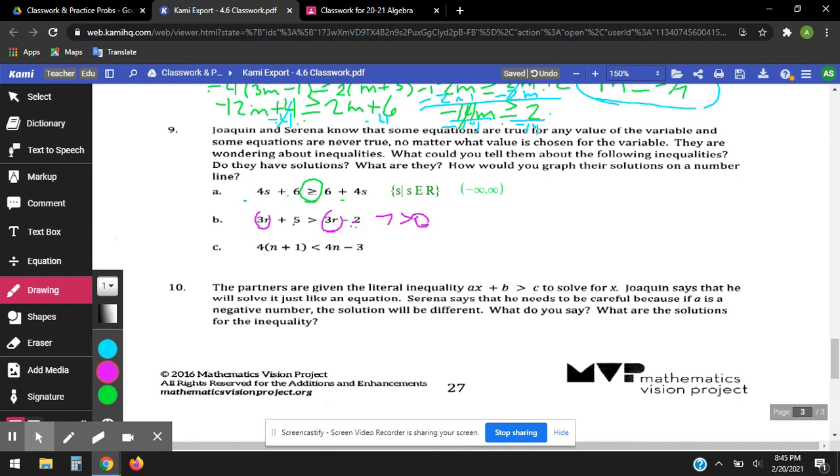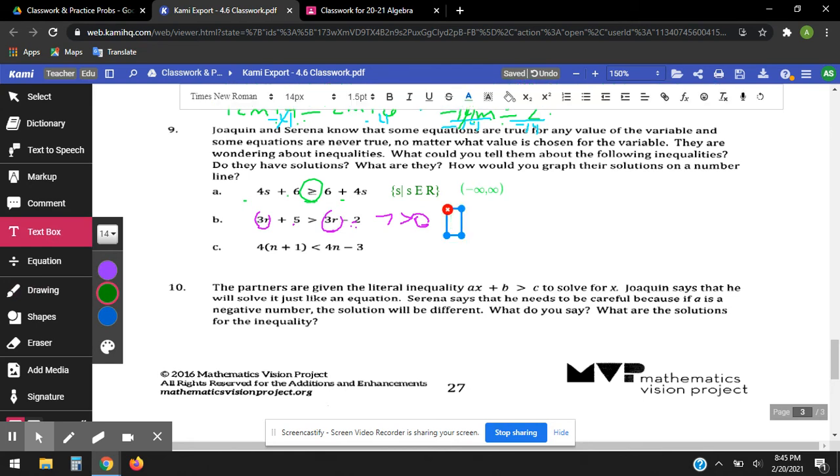So this is another one where we have the same basic set notation and interval notation that we would have on the other one, because all real numbers, doesn't matter what number I put in there, it's always going to be true.